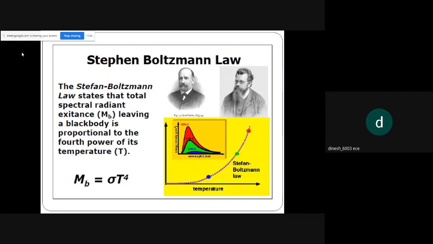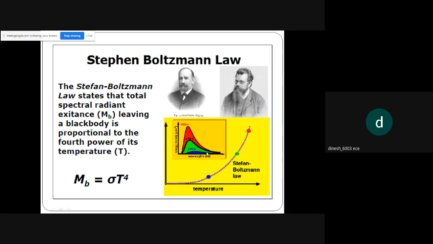In the figure at the top is Josef Stefan, and Boltzmann. Both together gave the Stefan-Boltzmann law. As the temperature increases, you can see the plot of wavelength versus spectral flux density with different measurements: the blue is a 1250 Kelvin measurement, the green is 1780 Kelvin, and red is 2000 Kelvin.